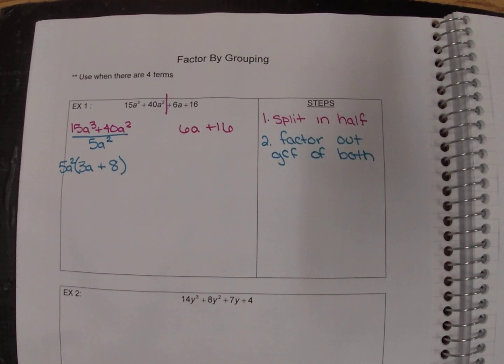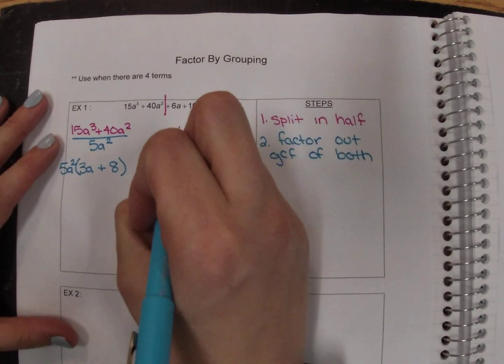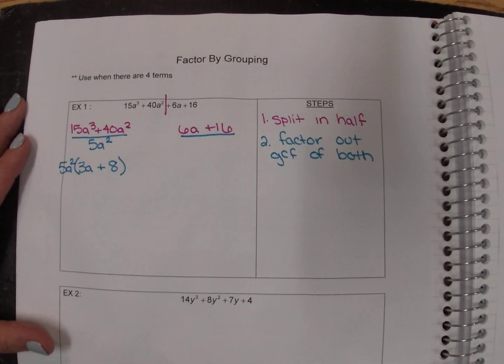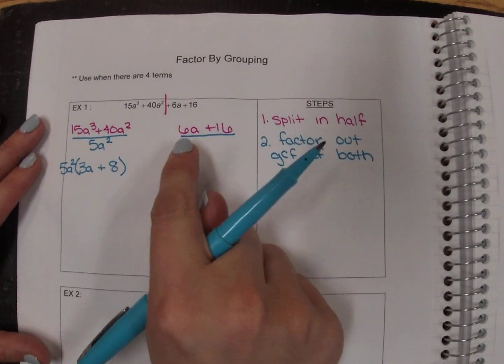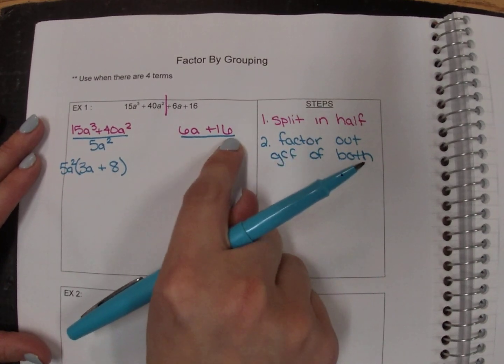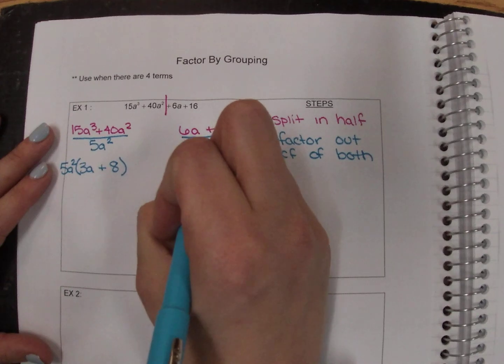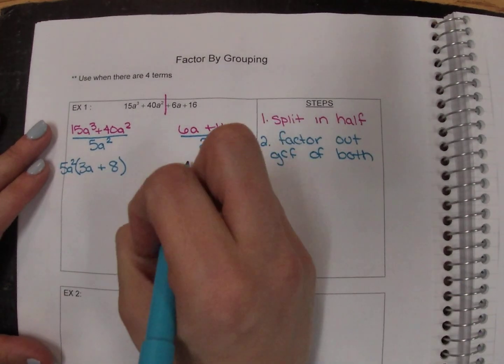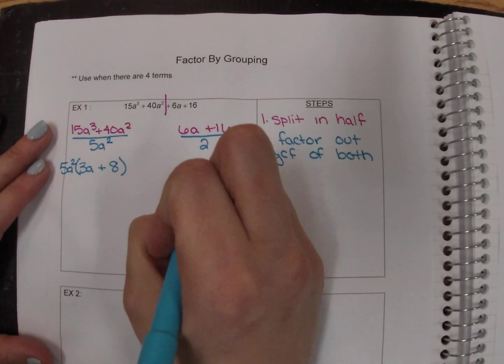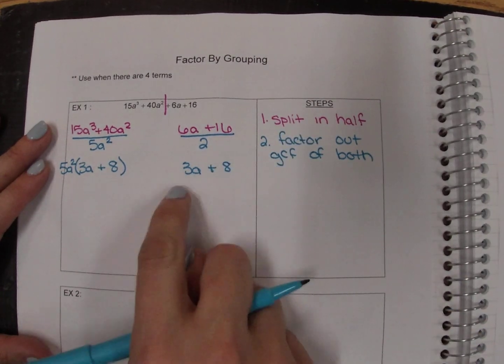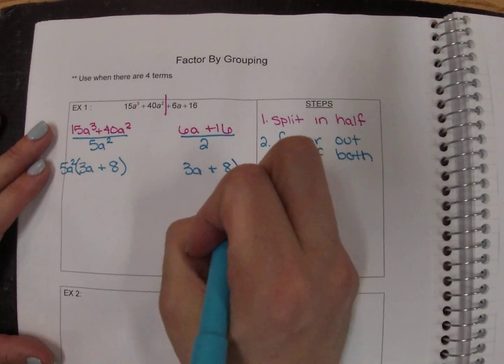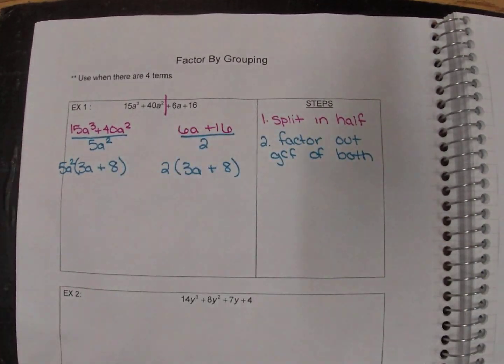Then we're going to do the exact same thing over here on the right-hand side. So we're going to say what goes into 6 that will also go into 16. Well, those are both divisible by 2. Nothing goes into 3 that will also go into 8. So again, we can pull our GCF out here in front.